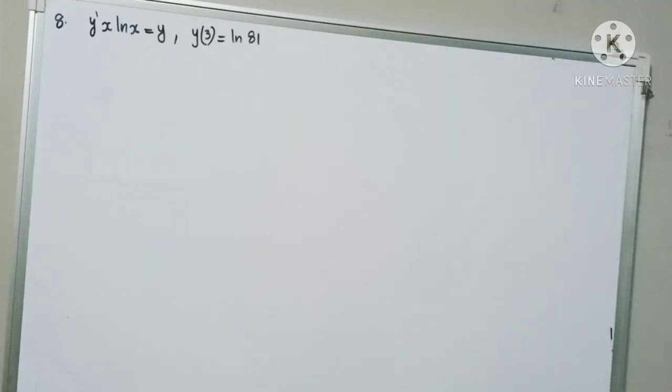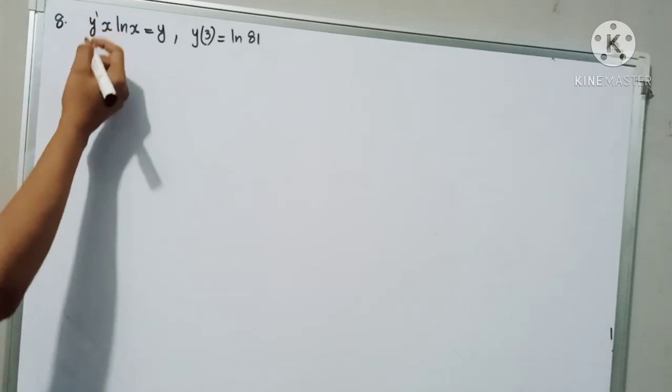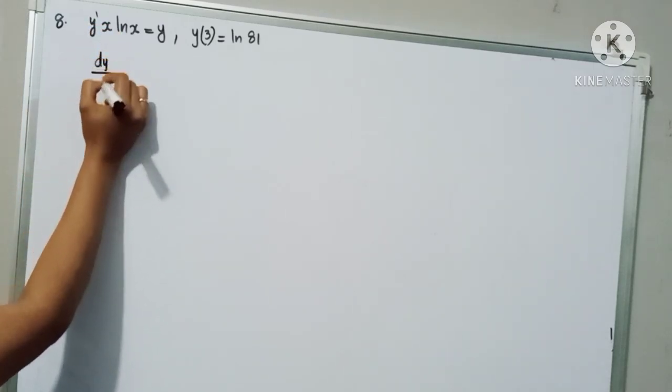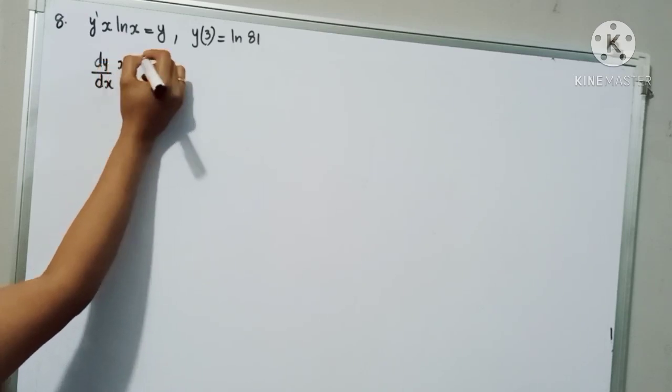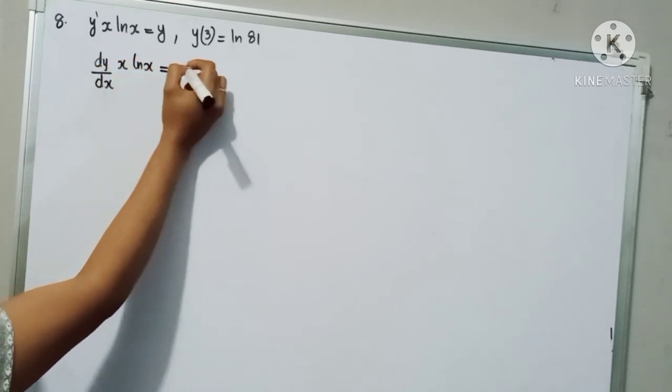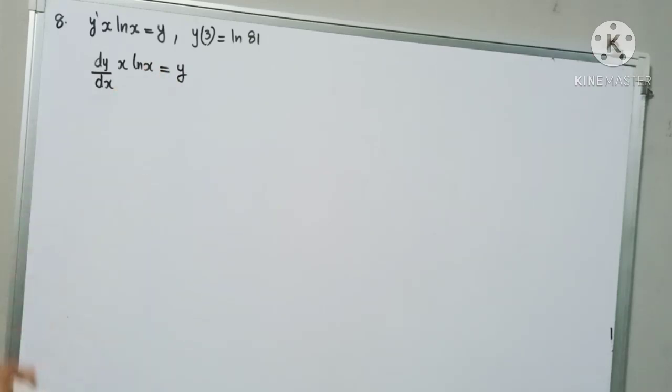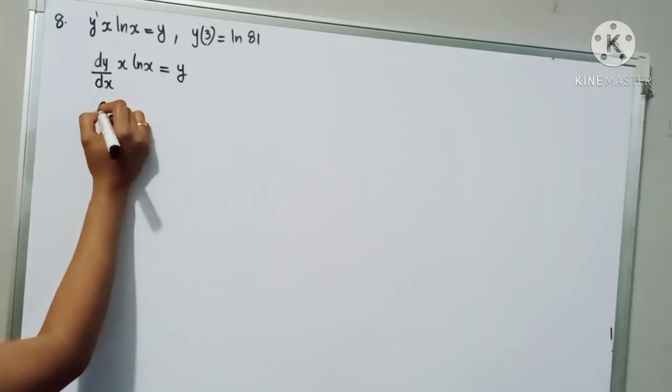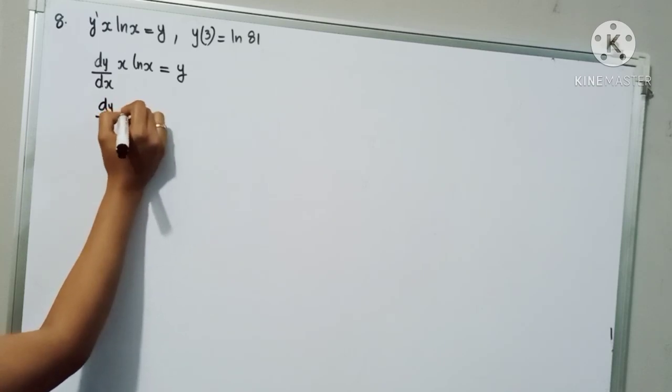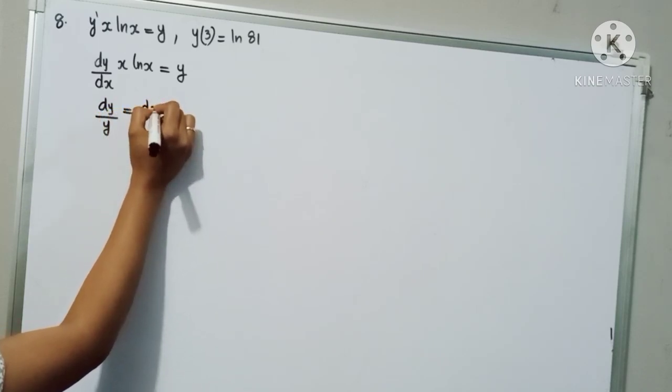Eighth question. Solve the initial value problem: y′ x ln x = y, y(3) = ln 81. Here ln means natural logarithm, you can consider it as log. y′ can be written as dy/dx, so (dy/dx) x ln x = y. Now separating x and y, dy/y = dx/(x log x).